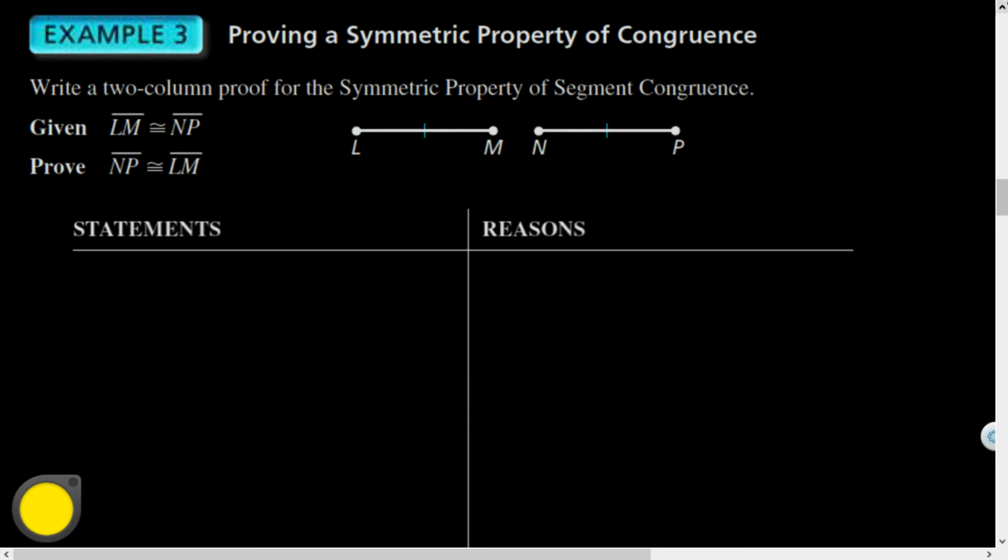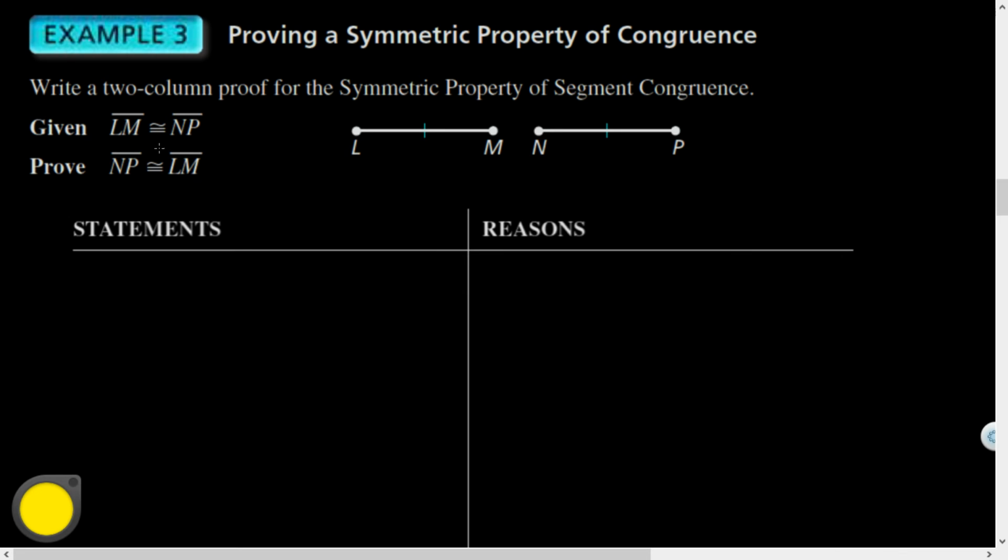Okay, here we go. Write a two-column proof for the symmetric property of segment congruence. All right, guys, this is scary, right? This proof is just blank, staring at us. Given information: LM is congruent to NP. I would draw the picture and label it, and it was already labeled.